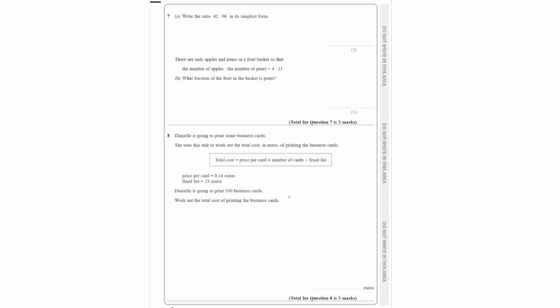Question 7, write the ratio 42 is to 96 in its simplest form. So that means we have to find the lowest common factor. Here I can see that 42 and 96 are both multiples of 6. So I can simply divide both sides by 6. Now 42 divided by 6 is 7.